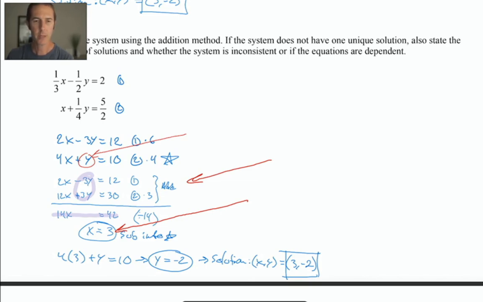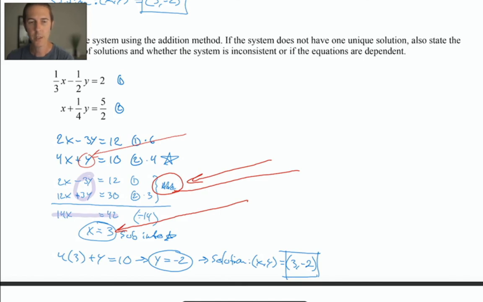The other possibility is that when you do this addition process, everything might cancel and you get 0 equals 0. How often does 0 equal 0? All the time. Doesn't matter what your input values are. So if you get something like 0 equals 0, which in the case of the addition process, that's what you would get, that indicates that you have infinitely many solutions. And you've already seen in the previous section video how to present an answer when you have infinitely many solutions.